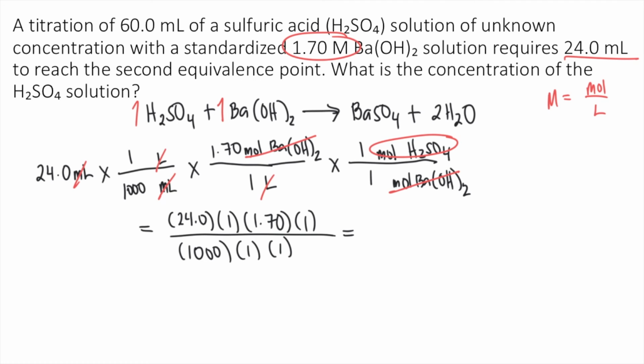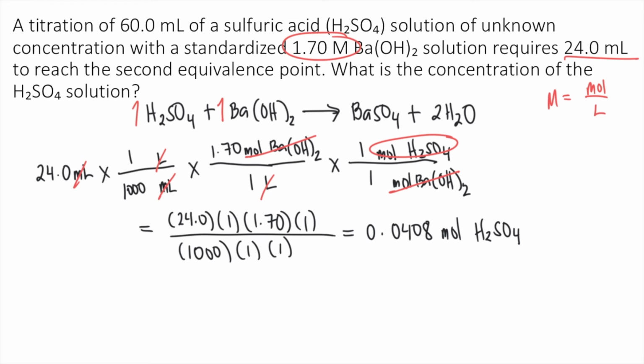So if you do this in your calculator, you will get 0.0408, and this is your moles of H₂SO₄.